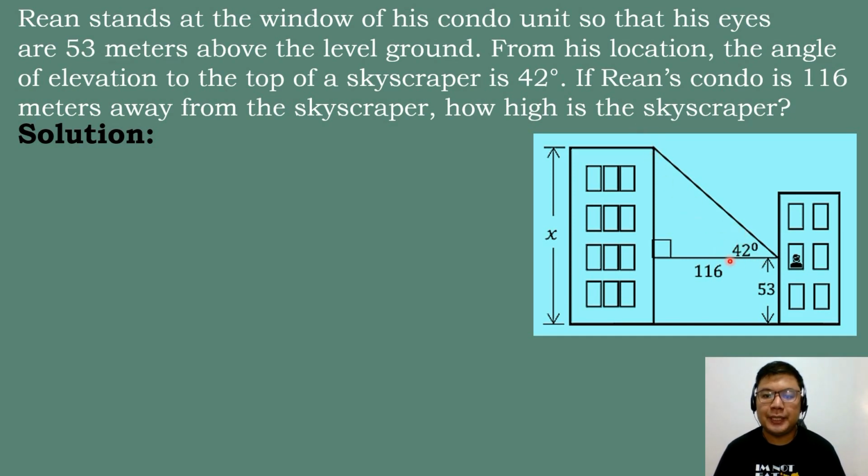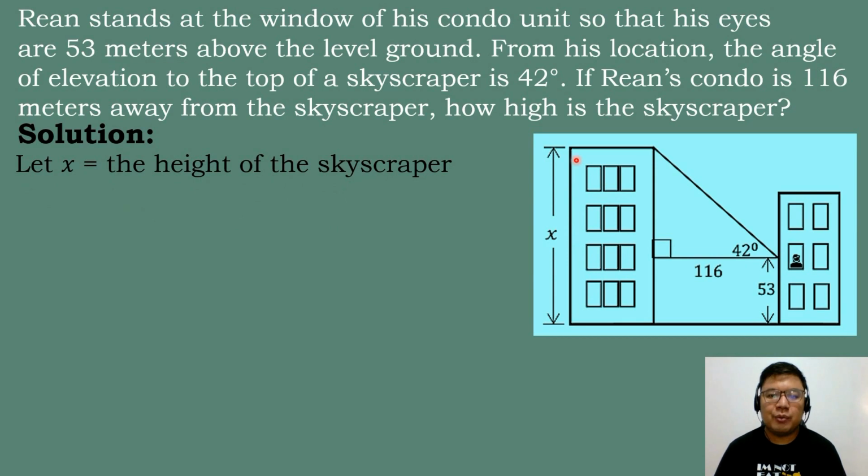Rin is 116 meters away from the skyscraper. So we are looking for the height of the skyscraper. Let x equal the height of the skyscraper, and then we will identify what trigonometric ratio we will be using.